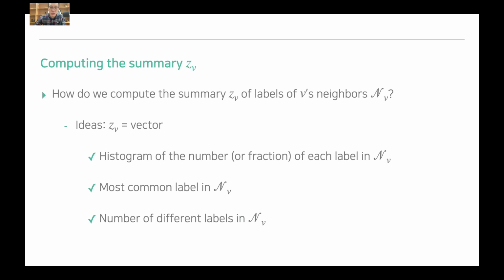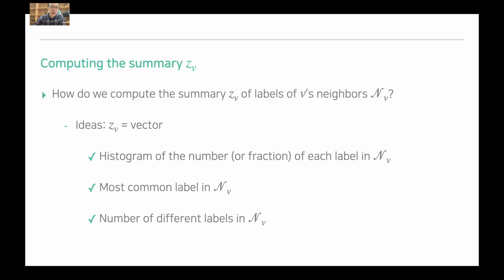When they have different class labels, we can get the histogram from the observed class labels. And the histogram information could be a vector for node V. Or we just use the most common label as a feature vector, the summary vector Z_V.